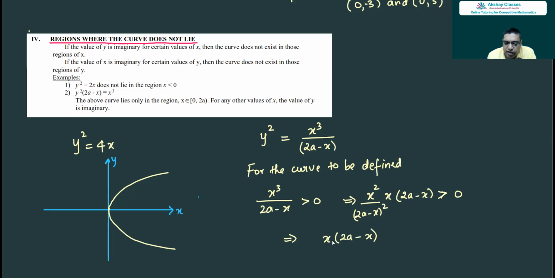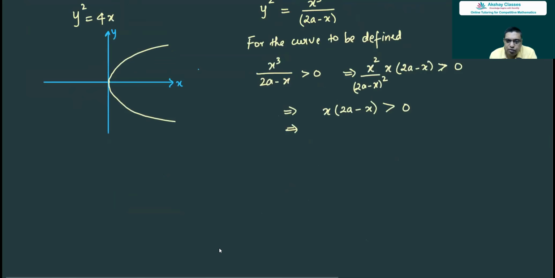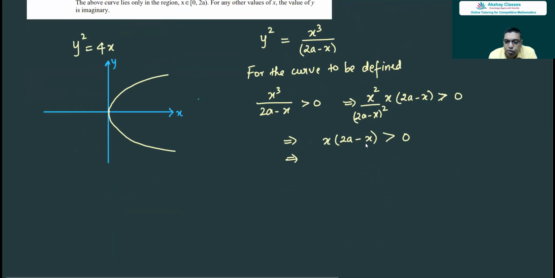So in terms of sign, this is equivalent to x into 2a minus x is greater than 0, which implies, from the wavy curve method or the quadratic, I don't want x to have a negative coefficient. I multiply throughout with -1. I get x times x minus 2a less than 0.